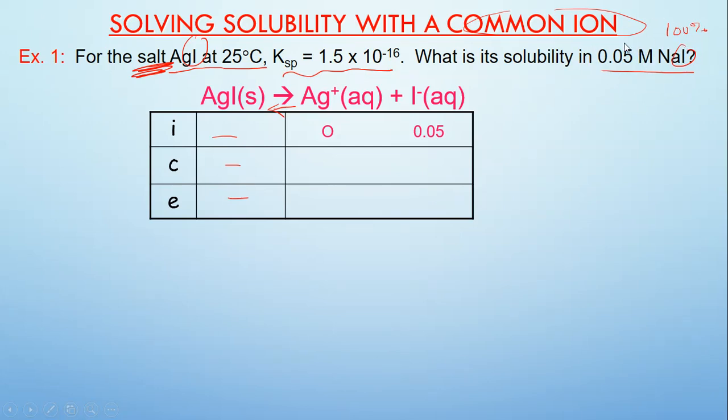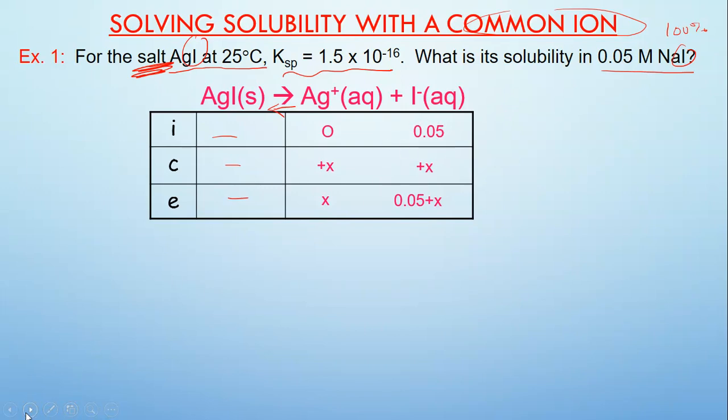We have a concentration here. So notice we have an initial amount. So we do our shift, plus x, since it's 1 to 1. And that means at equilibrium, silver ion would be equal to x, and the iodide will be equal to 0.05 plus x.